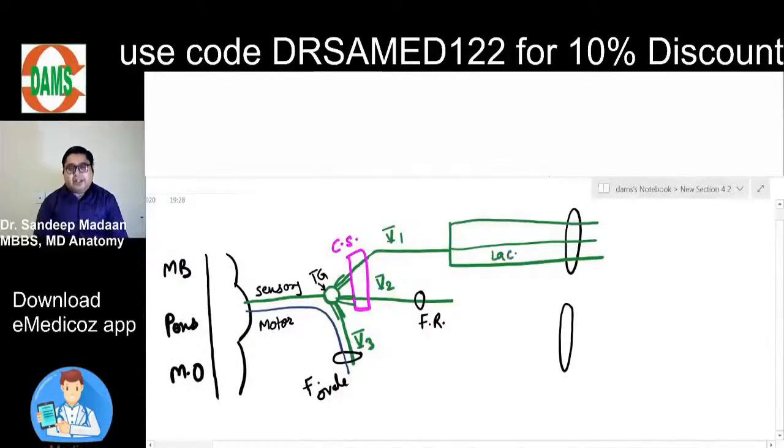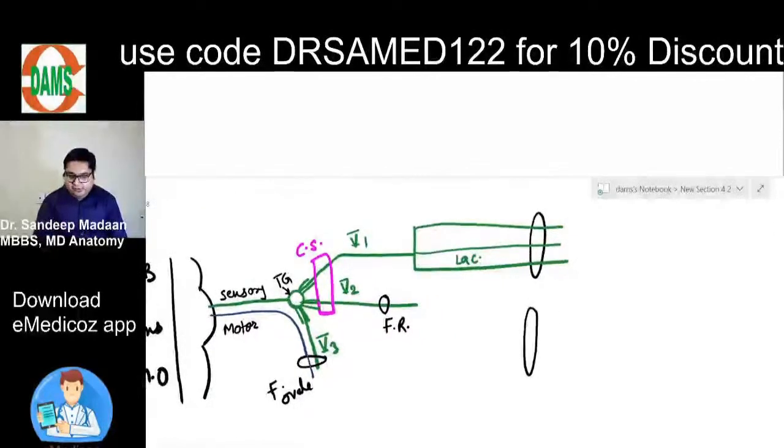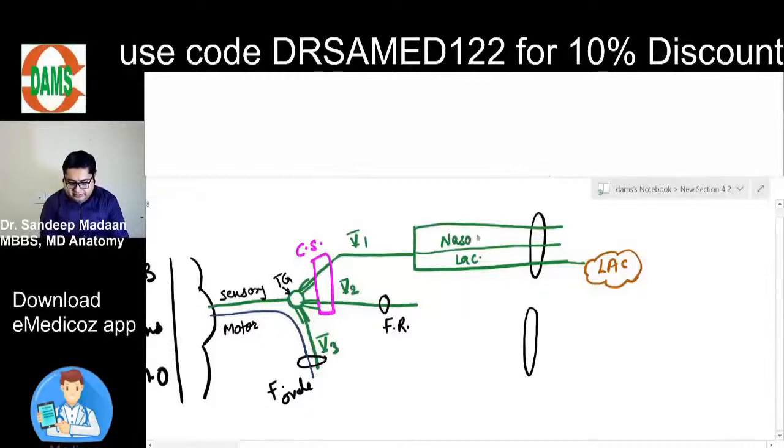The lacrimal branch will pass through the superior orbital fissure and go and supply the lacrimal gland. What about this? This is the nasociliary. And this one is the frontal.